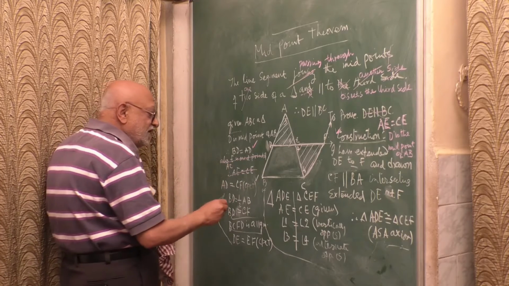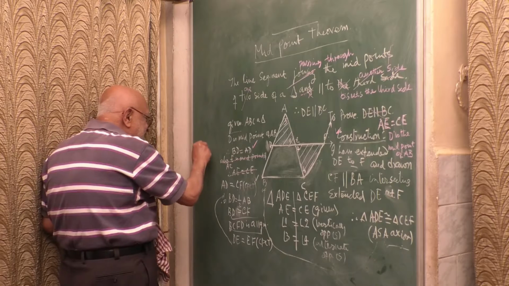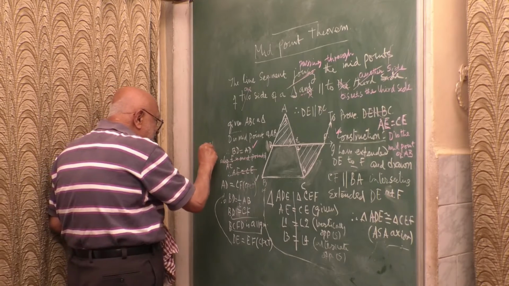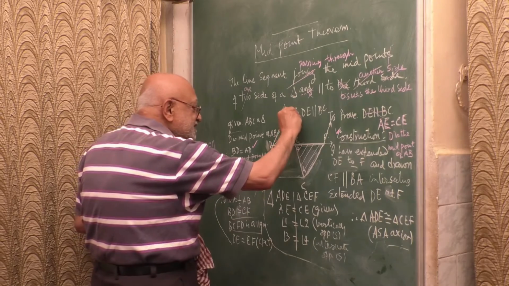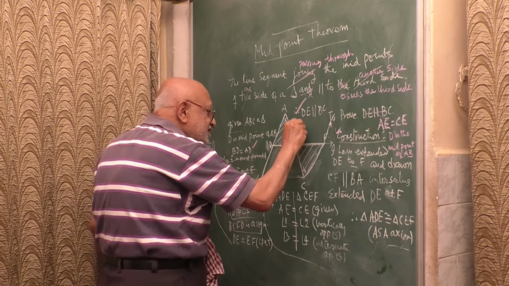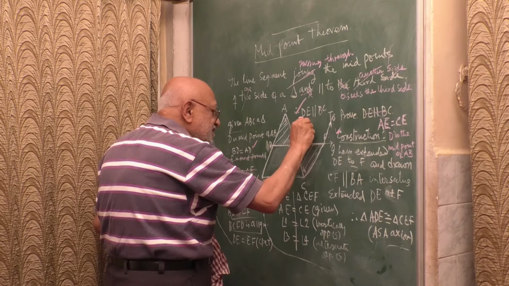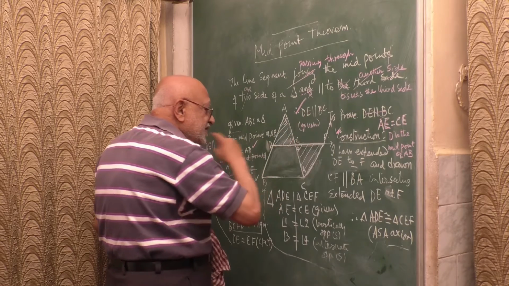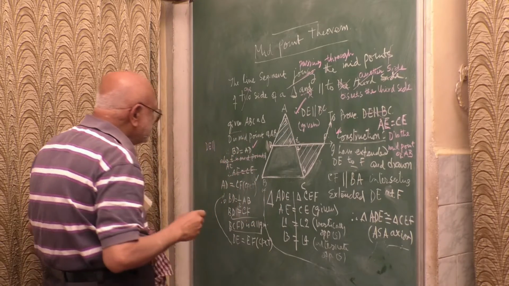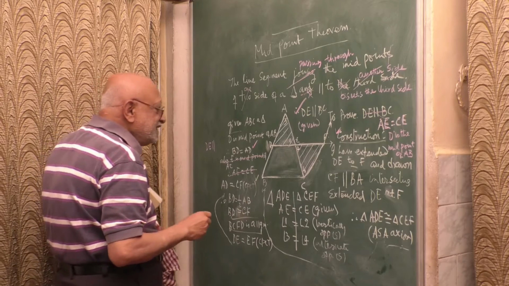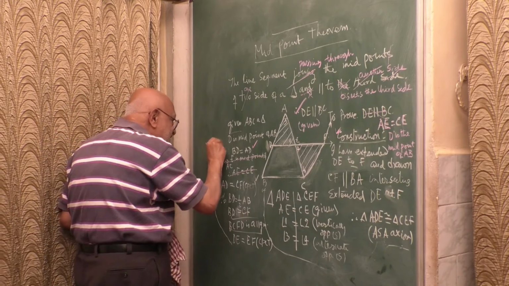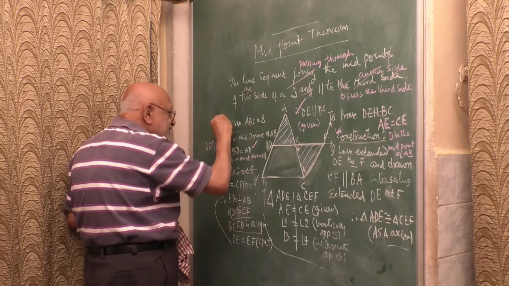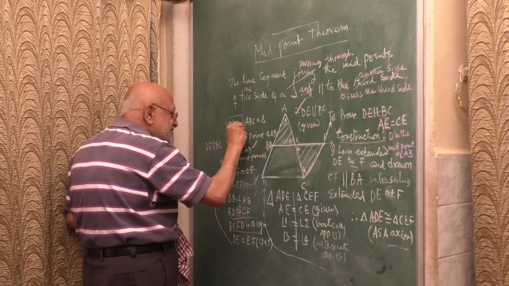All you have now here, DE is parallel to BC. This is given. What is given are these things.